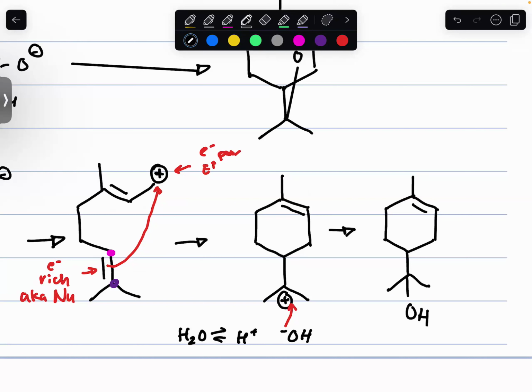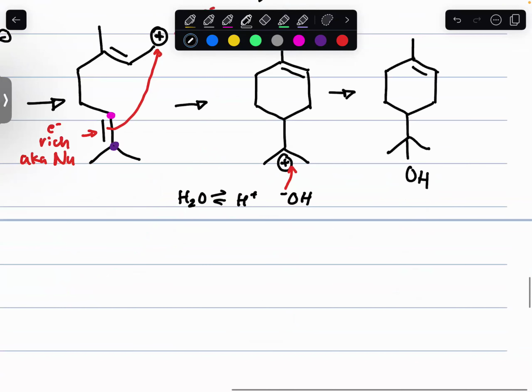We are then going to reduce our alkene. So reduction, what do we use as our reducing agent? NADH.